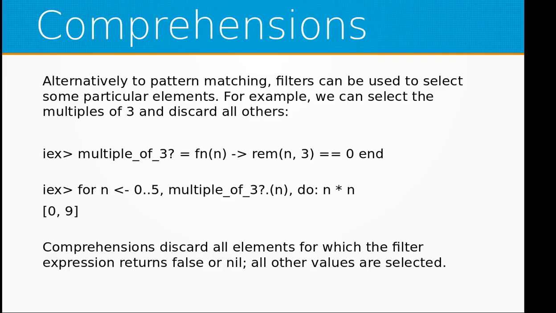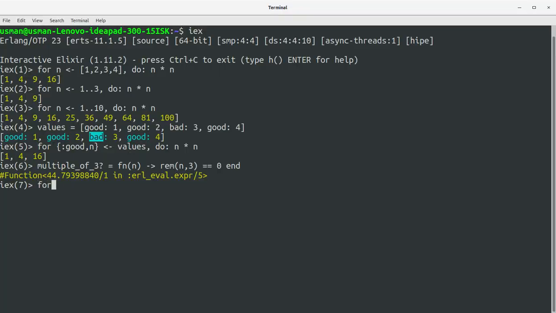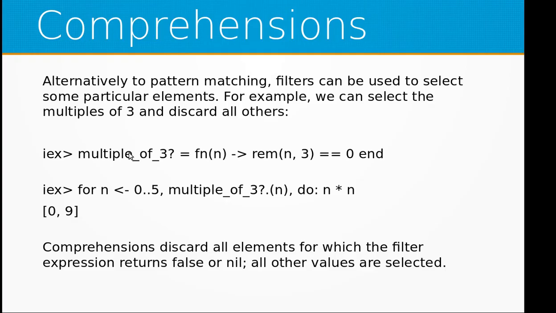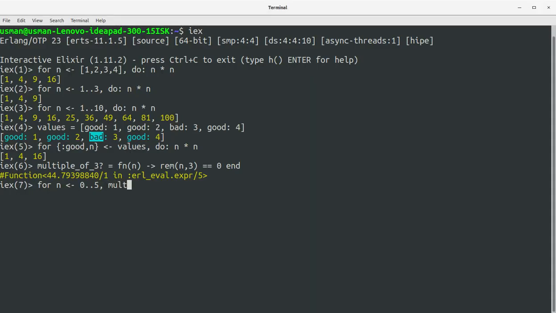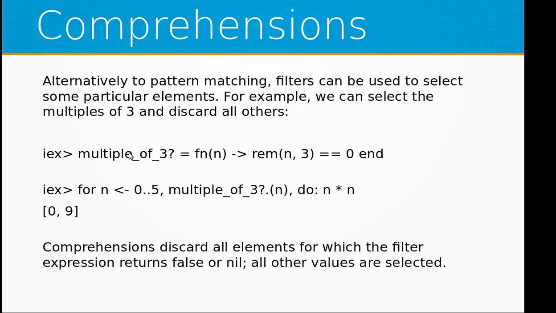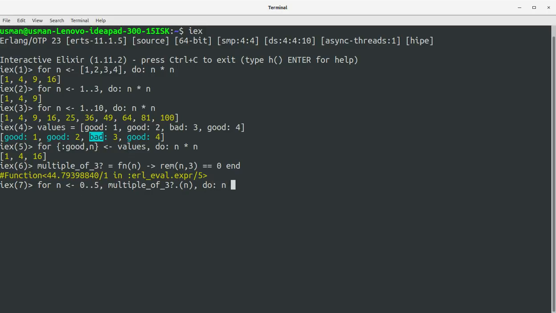Okay, now I have the function, and let's call this function, give the range, multiple of 3, and multiply by n, and we got 0 and 9.